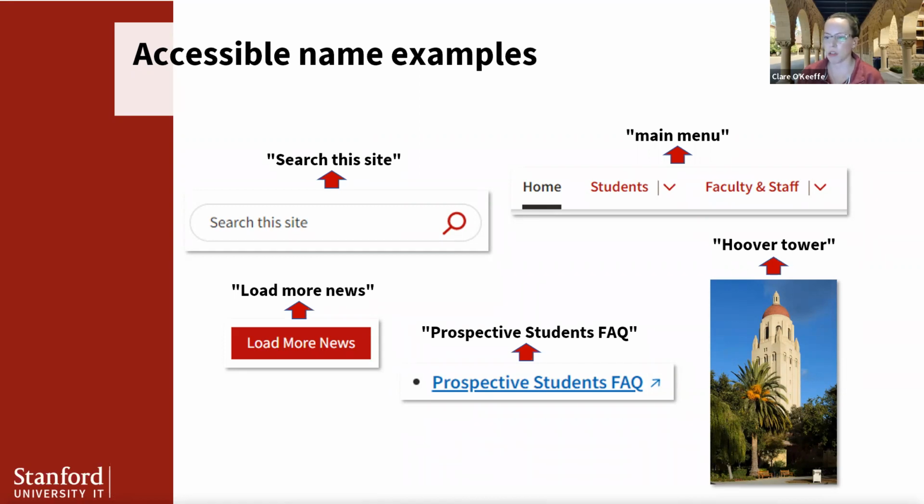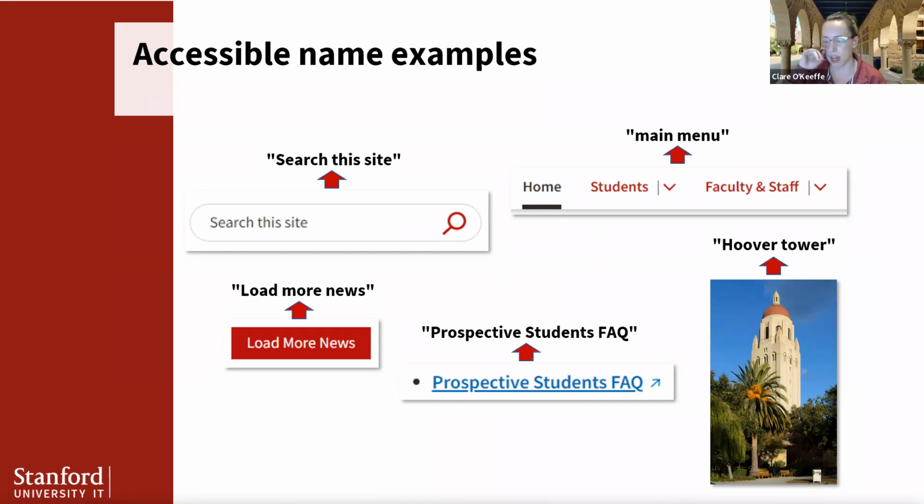Again, a link that says "prospective students FAQ" looks like the name of that is exactly matching the visible text, "prospective students FAQ." Then we've got an image. So images can have an accessible name as well, which is typically provided via the alt attribute. So if we had an alt on this and we called it "Hoover Tower," then "Hoover Tower" is the accessible name of the image.